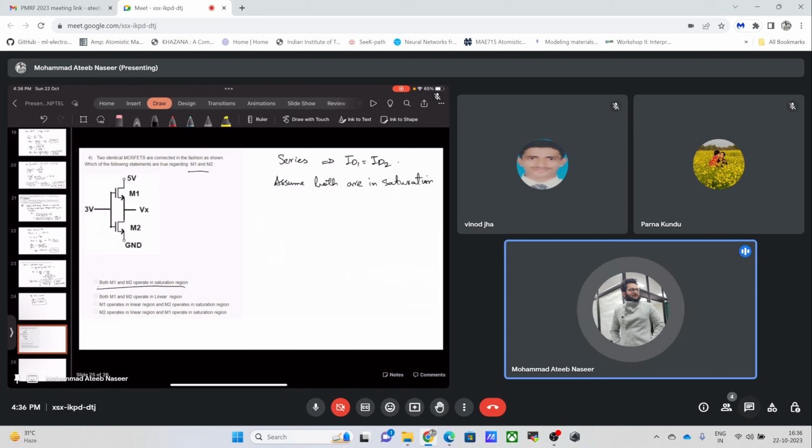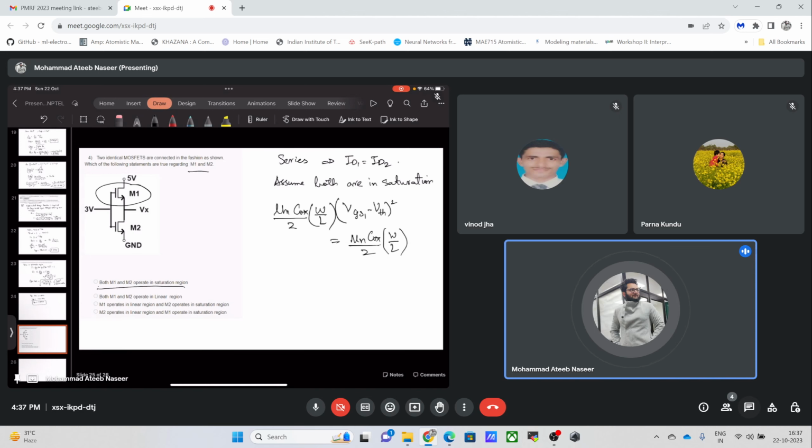Now, if both are in saturation and both are identical, let us say that beta by 2 is the parameter for the MOSFET 1, or we can say it is mu n Cox by 2 W by L, VGS1 minus VTH whole square, is equal to mu n Cox by 2 W by L times VGS2 minus VTH whole square.